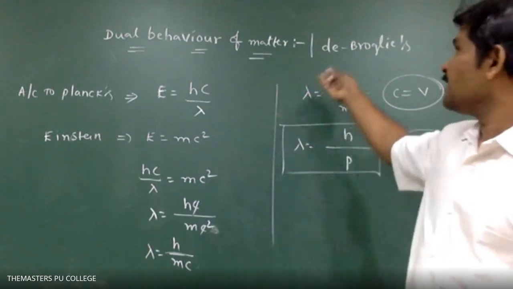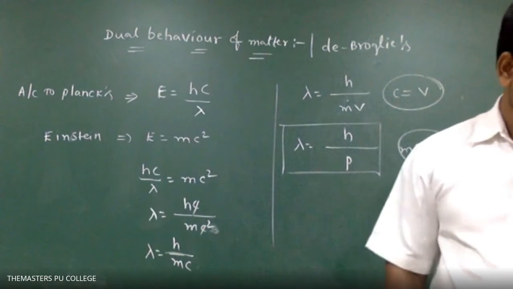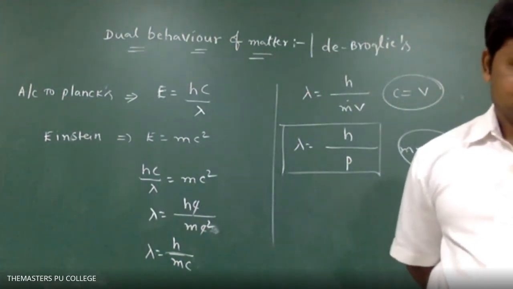You should not write a capital D, small e, B R O G L I E. The first letter is small: de Broglie. You have to write it like this.